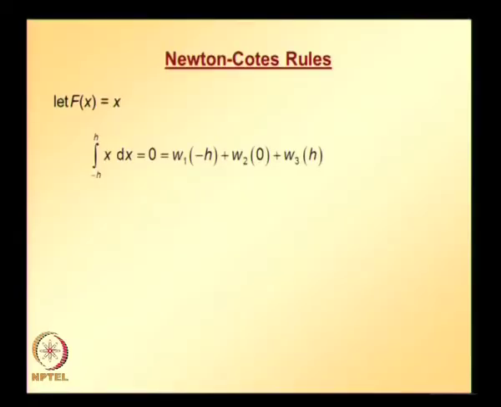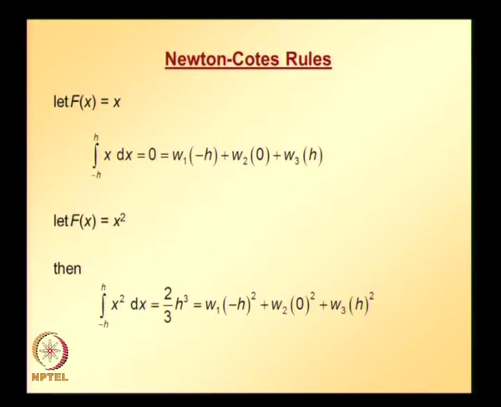So using this information we get this equation: W1 times minus h plus W2 times 0 plus W3 times h. If we simplify we get an equation in terms of W1 and W3, since the function evaluated at x2 is 0.